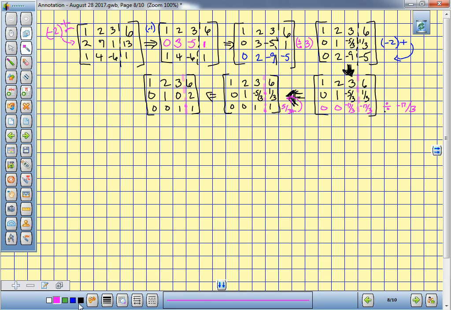Alright, so we're building out that triangle, guys. We're getting it. We started here, 0, 0. Then we went here, now we're going here. We want this to turn into 0. So when we multiply this by negative 2, negative 2 times 0 plus 0 is still 0. Negative 2 times 1 plus 2 is 0.